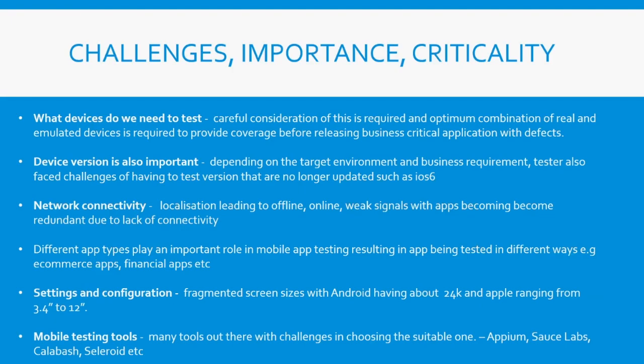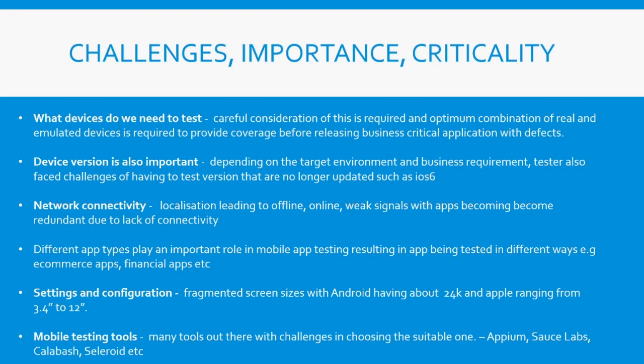Now, different app types play an important role in mobile app testing, resulting in an app being tested in different ways. One of the things that you need to understand is that an e-commerce app will be tested differently to a financial app, in the sense that these apps will have different data sets that you'd have to set up to test them, and you'd also have to consider things like risk-based testing for them.